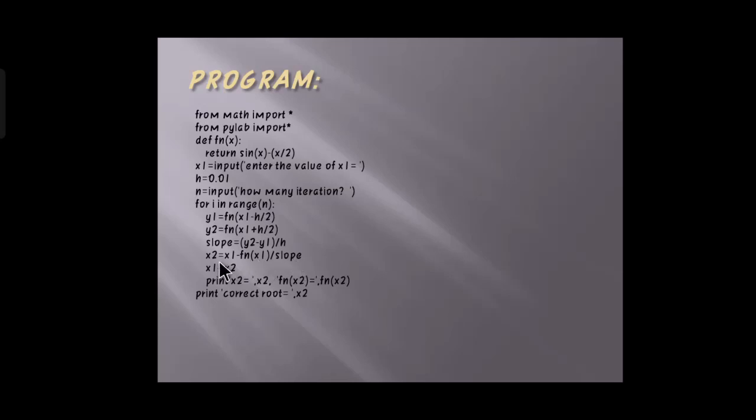Now we set x1 as the current value of x2. Then we print the value of x2 and the function of x2. After the for loop executes for the n minus 1 term, it comes out of the for loop and we print the root, which is x2.